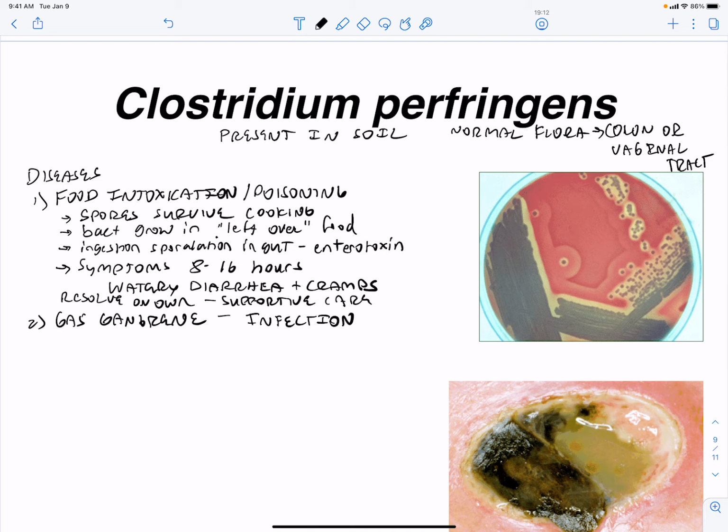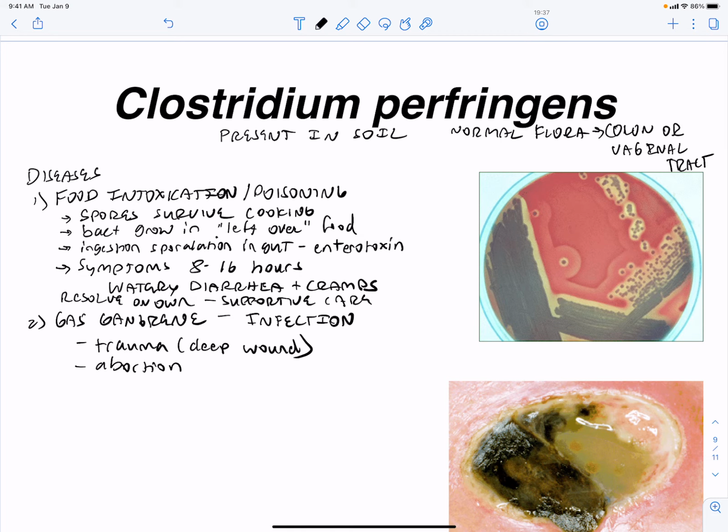Now, the one that it's most famously known for is, of course, gas gangrene, which is an active infection. You have some predisposing conditions in which you need to have some sort of trauma. So this would be a deep wound, such as during an auto accident and even during abortions.